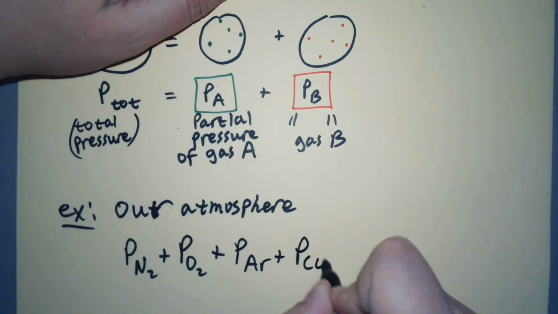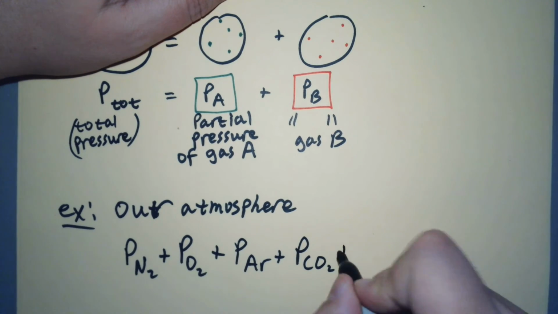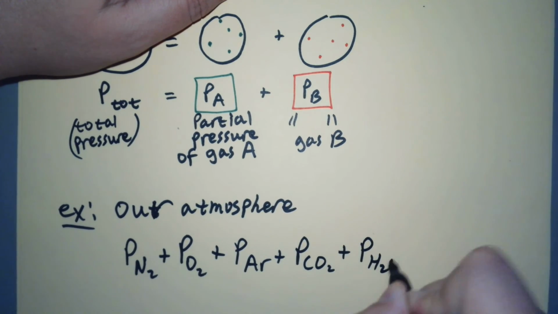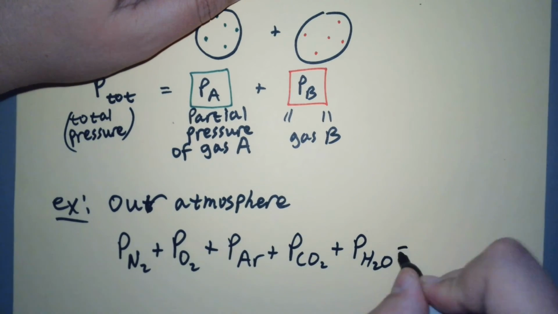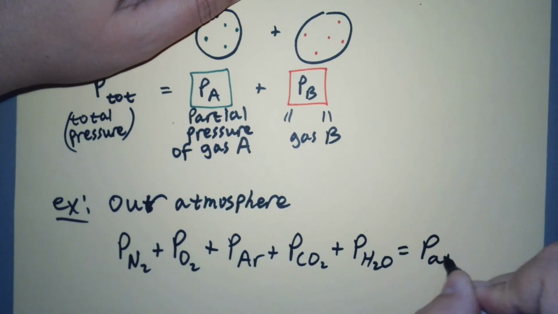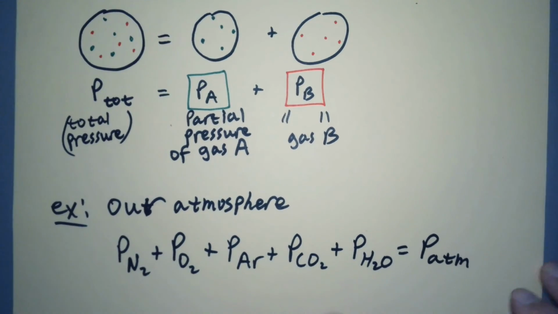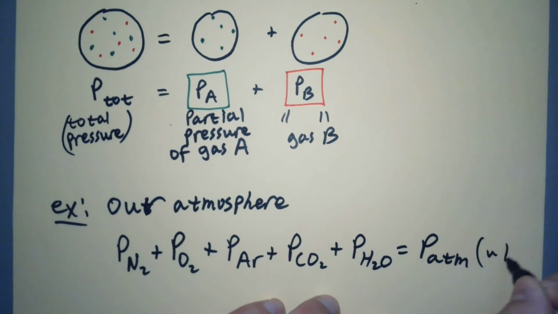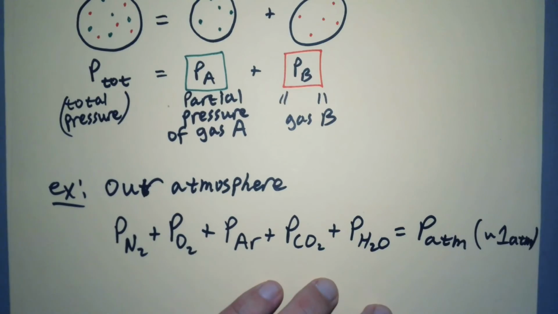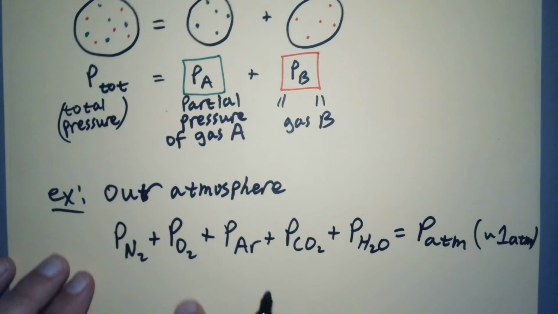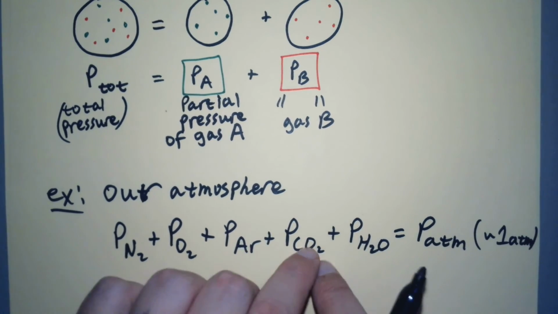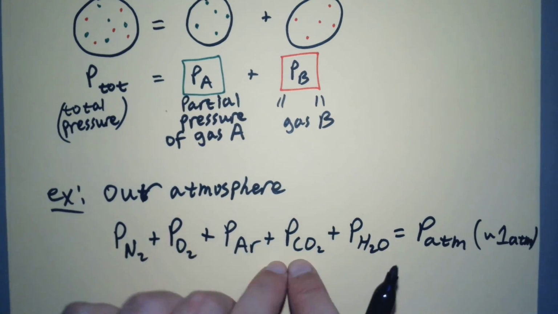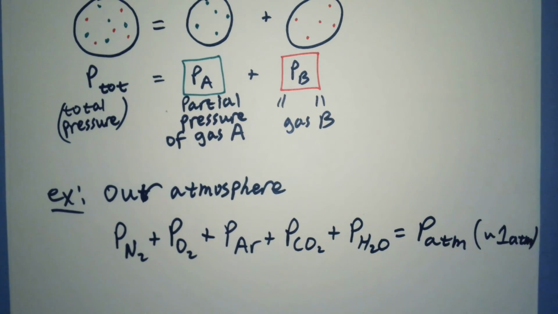There's some CO2, more every day it seems like. H2O, if you live somewhere with humidity. So not a lot of that here. You add all that up, you get the total pressure. That's the pressure of our atmosphere, which is generally about 1 atmosphere, or 760 millimeters of mercury. And so there's a portion of it that's associated with this gas, and this gas, and this gas, and this gas, and this gas. You add them all up, you get the total atmospheric pressure.